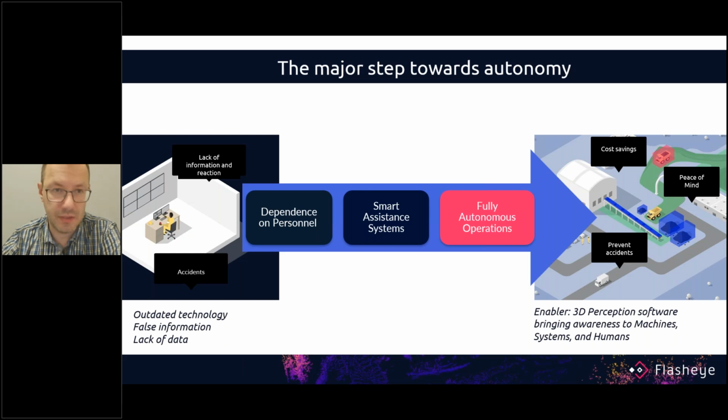As you can see on the left side of the screen, this is a traditional control room in some industrial scenario, where there is usually a person looking at multiple camera streams, basically watching video streams, checking if everything is happening correctly, if there are no failures, if there are no accidents.